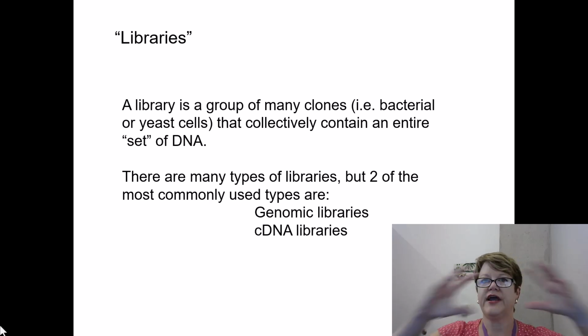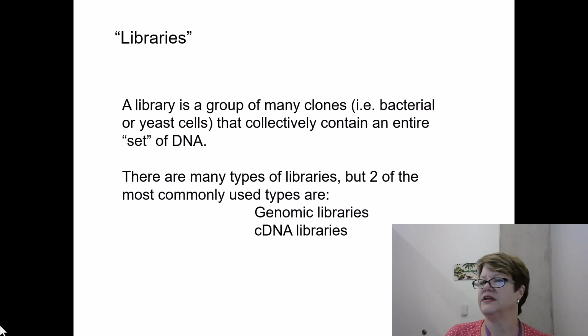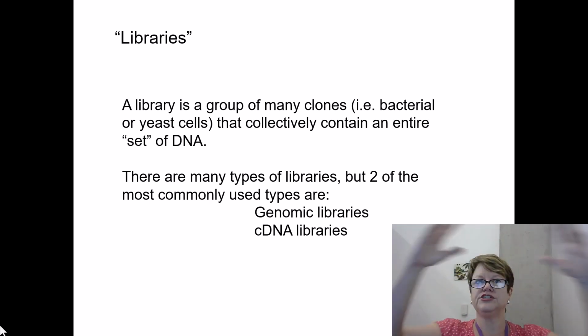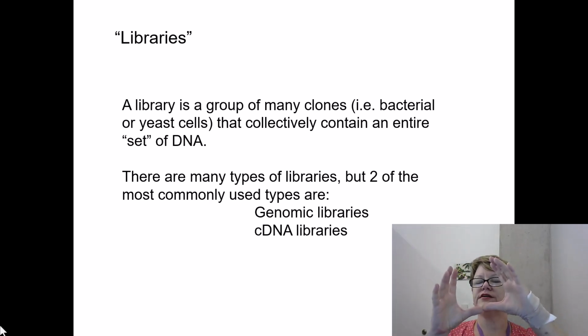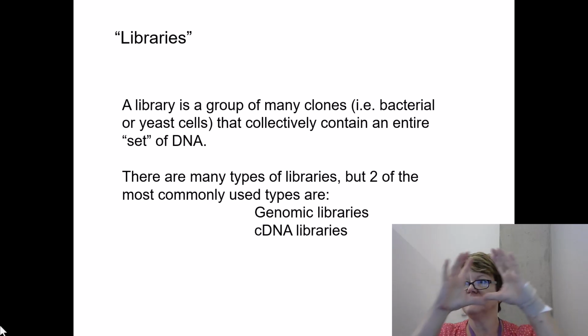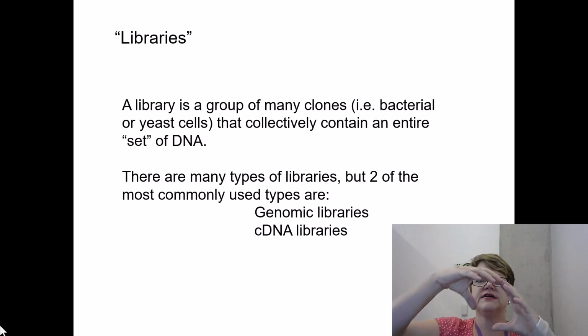So you fragment an entire genome, you mix all those fragments with a lot of vectors that have also been cut open, and then each fragment from your genome, let's say it's a human genome, will attach to one vector molecule. So you'll have all of these vector molecules carrying a different piece of your human genome.